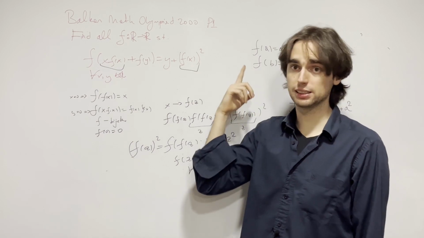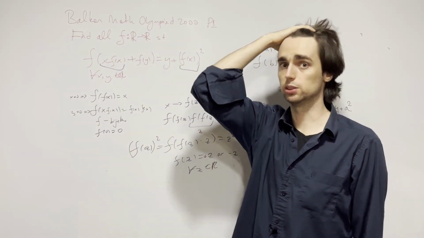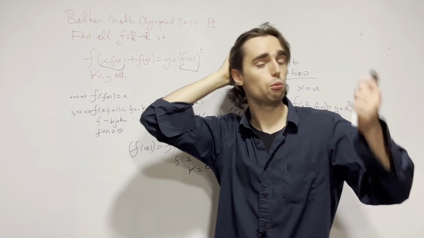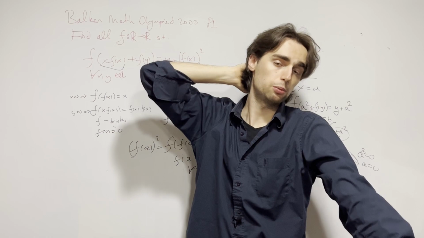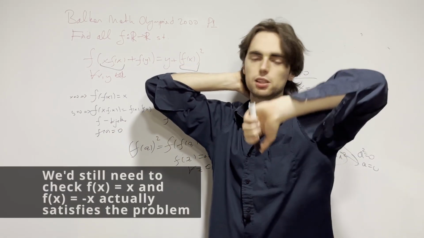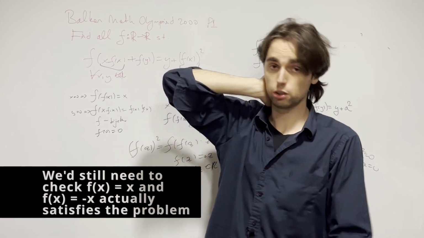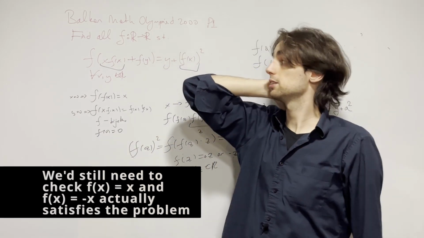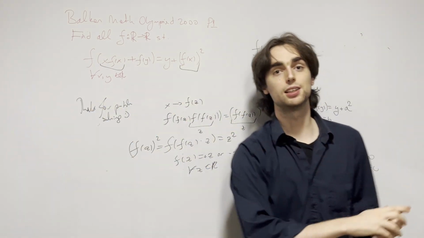Another way, instead of saying if f of a is plus and minus, we could have also said take a value, say f of 1. If it's 1, we could prove that everything else is going to be plus a. And if it's minus 1, prove everything else is minus a. So that's a different way to go about doing this. This finishes up the problem, and as always, thanks for problem solving.